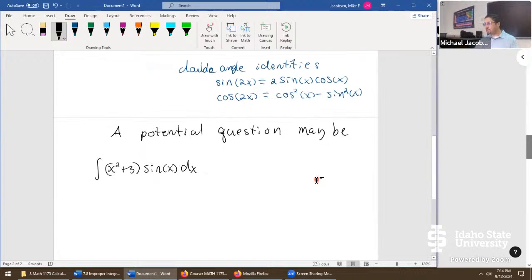The instructions could say something along the lines of determine the values of u, du and dv for which integration by parts can be used to solve this integral. So not the exact wording, but wording pretty close to this right here could be used. And the format might be written this way.